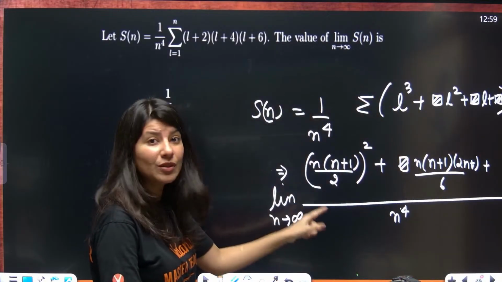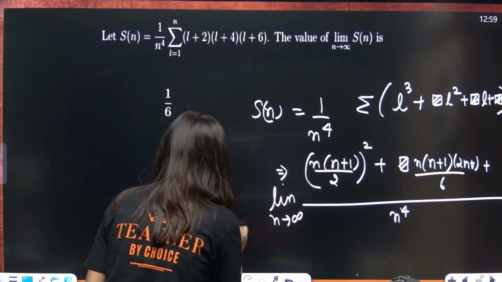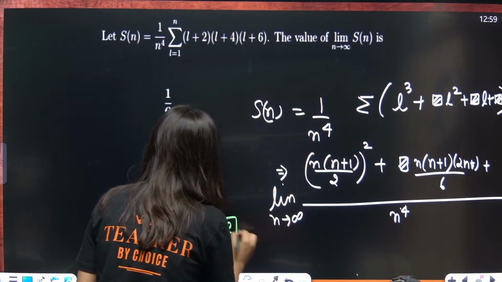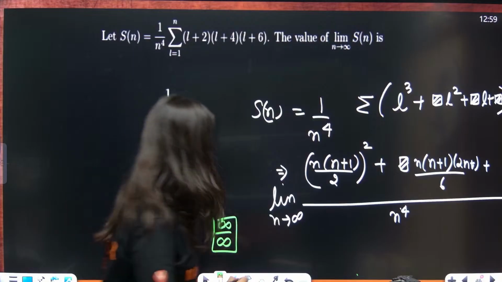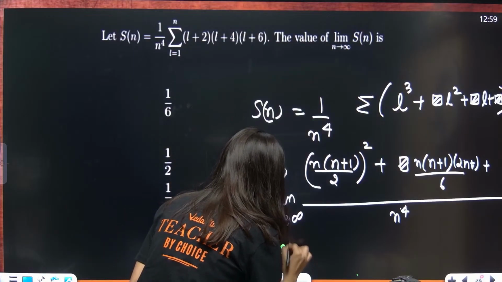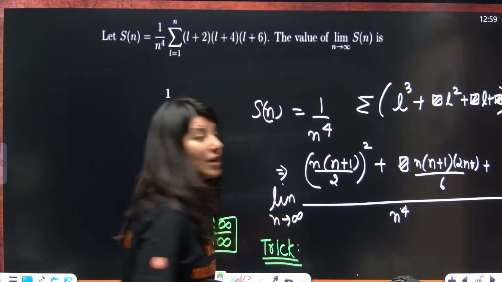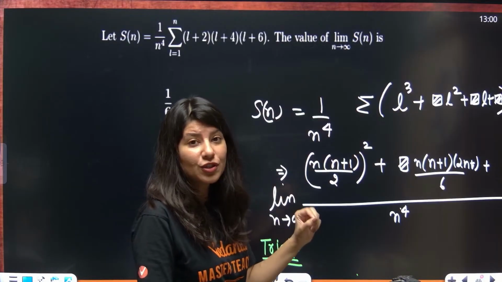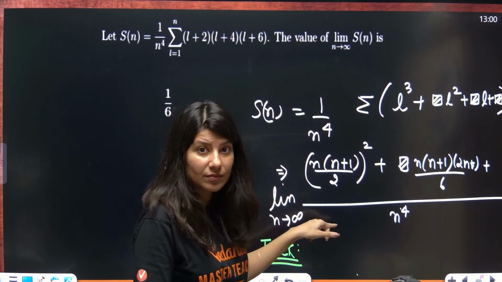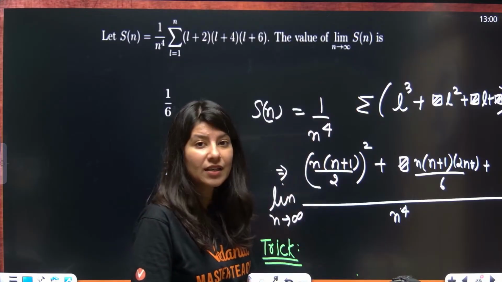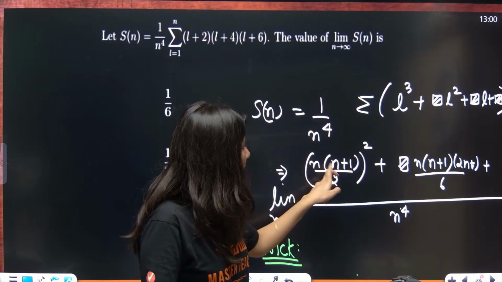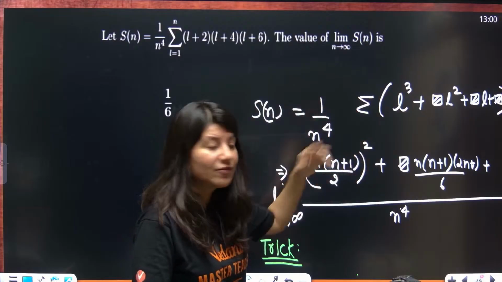Whenever n tend to infinity is there, the form you need to check, infinity by infinity. Infinity by infinity, the shortcut trick says that just find out the coefficient of, if the powers are equal, what is the highest power in numerator? Ma'am, n into n square, power 2, n power 4.